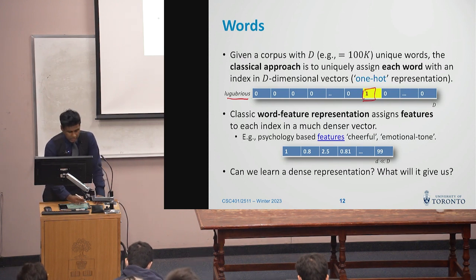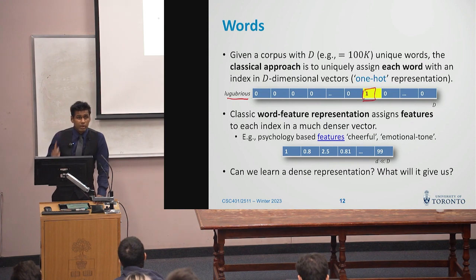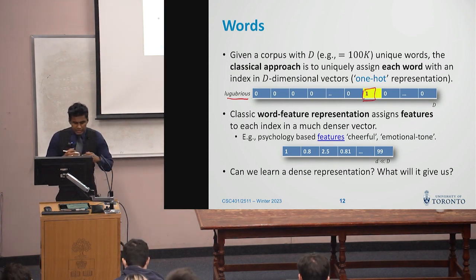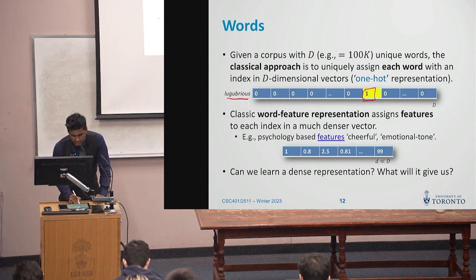Here you have the word lugubrious, and you just assign the value 1 to one of the indexes in your vocabulary. If you have done assignment 1, you may have already seen that we can similarly assign feature representations to any word in a more dense form, using floating point numbers.